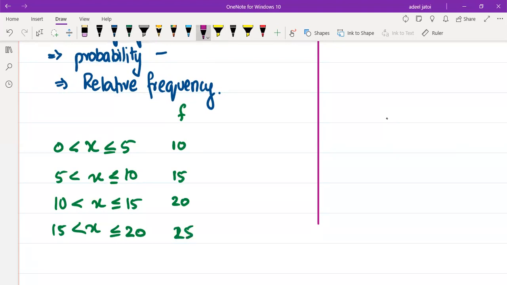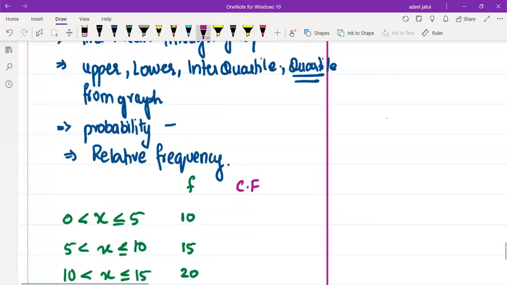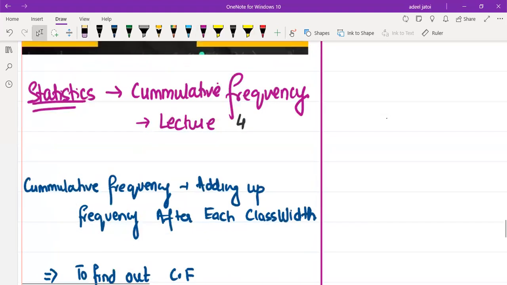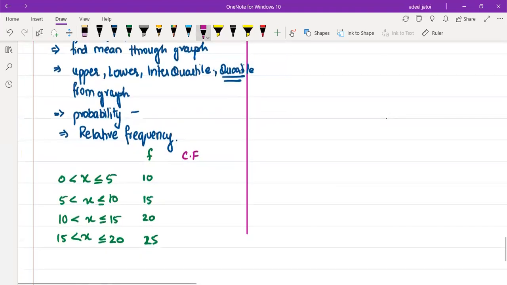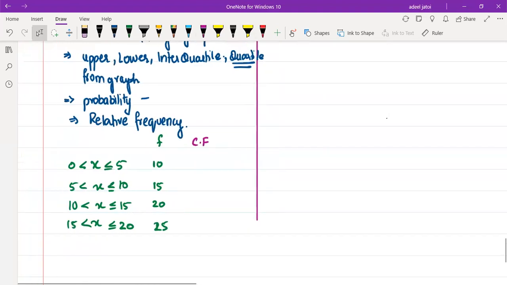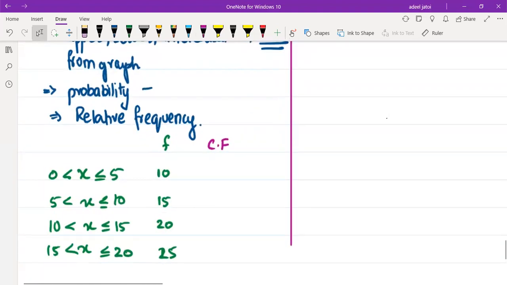Now to find out cumulative frequency, your first cumulative frequency will be, now what does cumulative frequency mean? I've already told you in the initial part that cumulative frequency is adding up frequency after each class width. Now in this class width, the frequency is 10. So that means your cumulative frequency will also be 10.